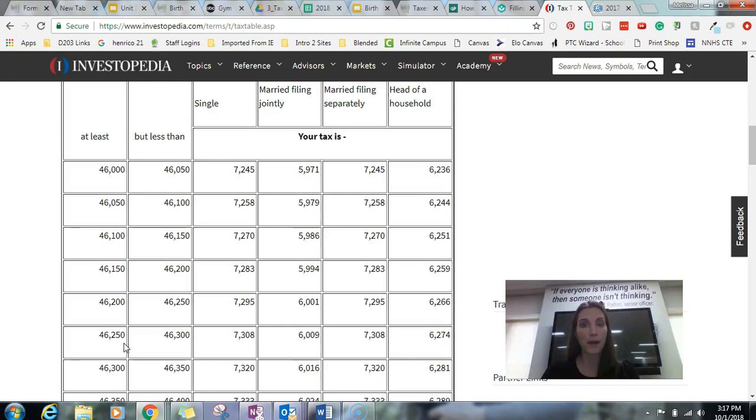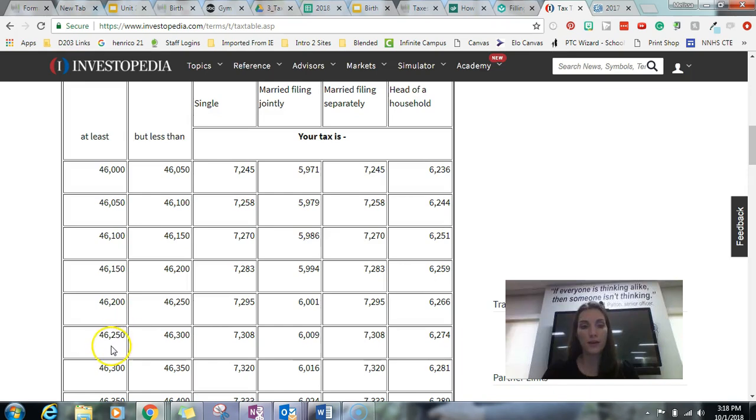If I said that my taxable income was $46,250, "at least" means that I make at least that amount, but "less than" means I make under that amount. So in this bracket, if it says 46,250 in the less than column, then that really means 46,249.